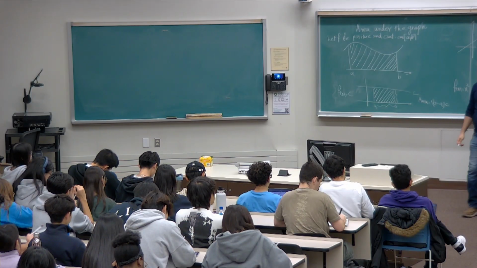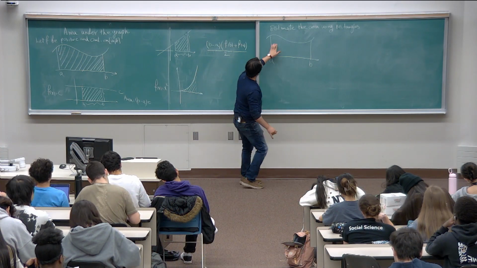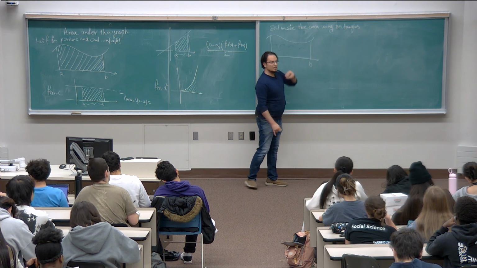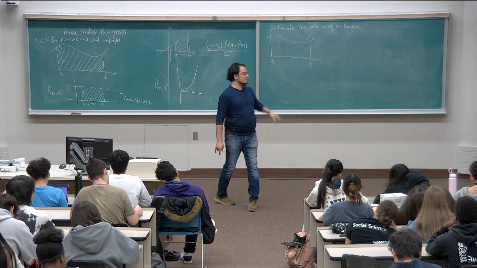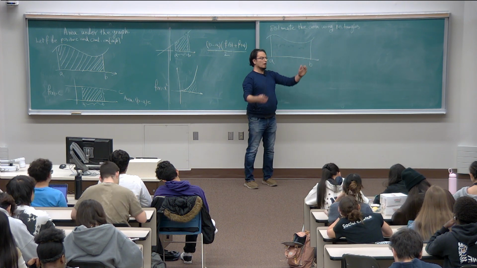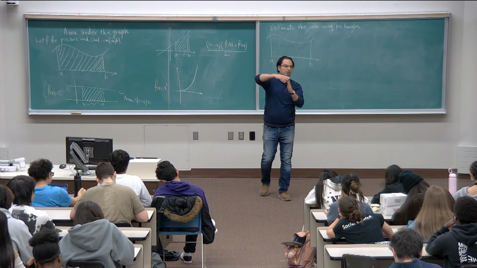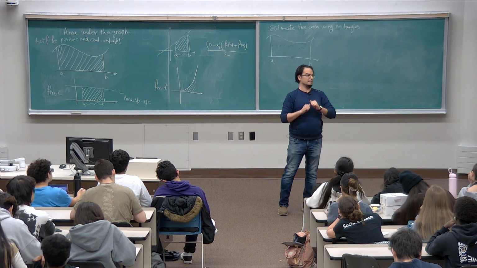Now, the way I want to do this is that I want to cover this region using rectangles. However, since there is no straight line on the graph, my rectangle sometimes will cover more than the region, and sometimes will cover less than the region.